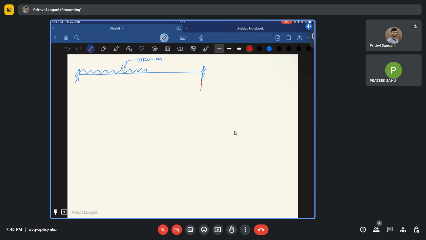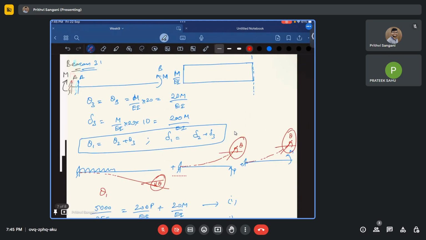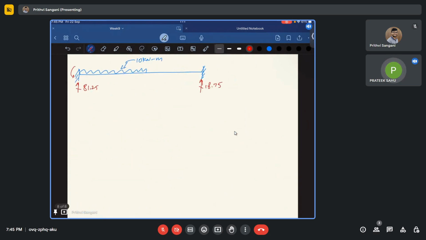My support reactions over here are 18.75, and here it is 81.25, and here it is 229.17 kilonewton meter, and this is going to be 104.17 kilonewton meter. So now we have obtained the support reactions. That is what the question asked for, right?